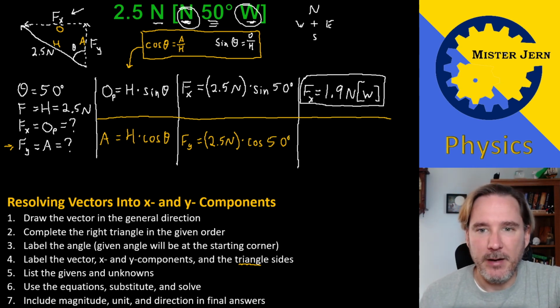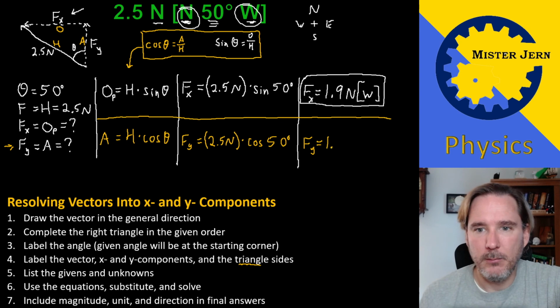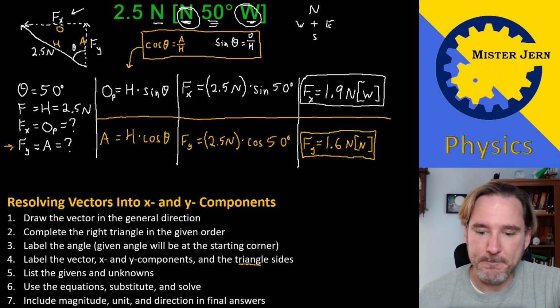And when we solve that in our calculator, we get Fy, the force in the y direction, or the y component of our vector, will be 1.6 newtons to the north, because that's the other direction. That's the y direction.